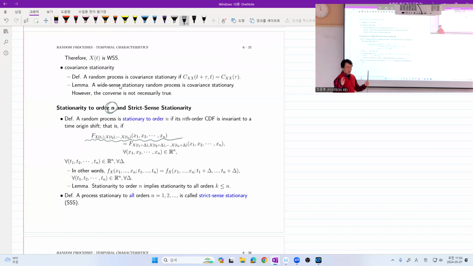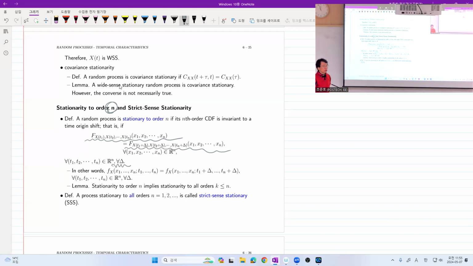Now, you want to claim that that does not change under origin translation. So you add capital delta to T1, to T2, to any Ti. So here goes another joint CDF. The difference is that the time instants are offset by delta. These two functions of n parameters are the same for all capital delta.